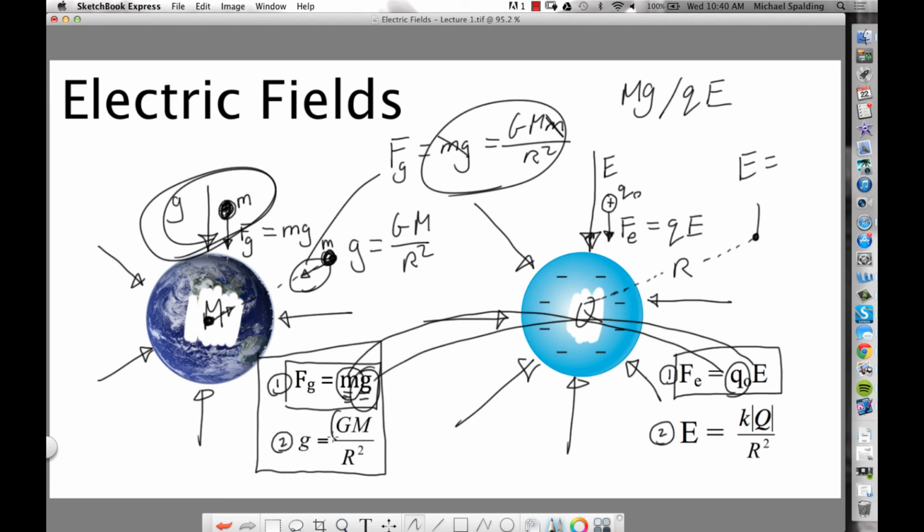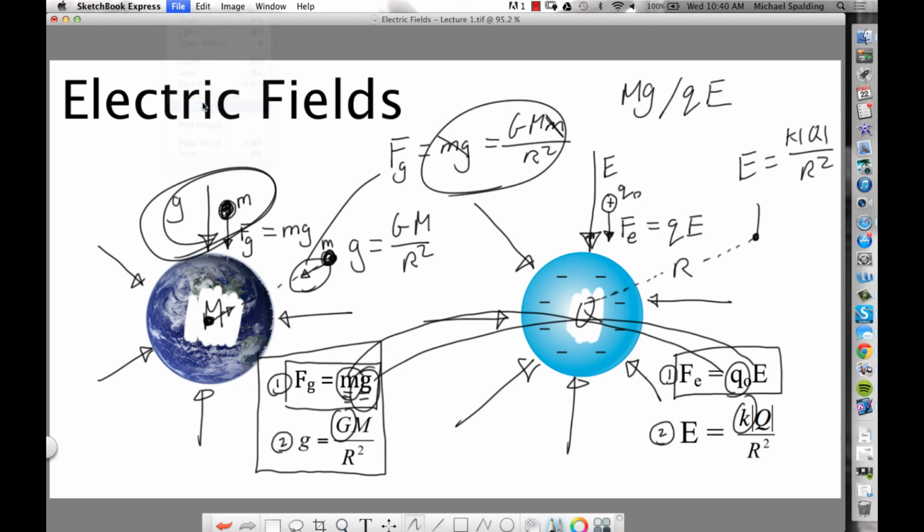The big G becomes the Coulomb constant, and then big M becomes big Q. Does that make sense? It's the same equation. You go kQ over r squared. That is how you calculate the electric field at a distance from a big guy.